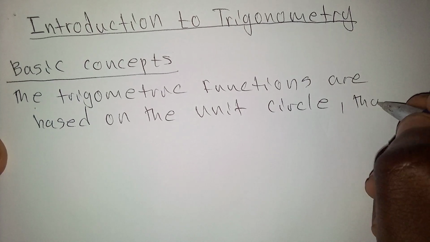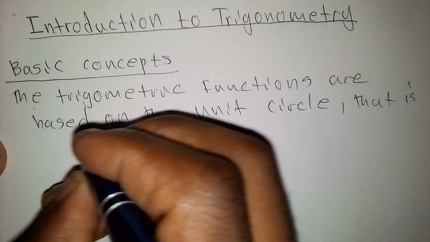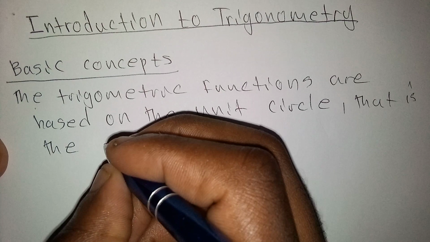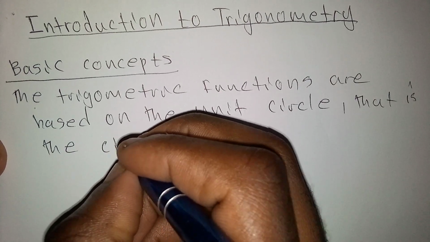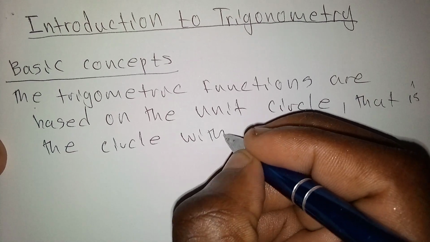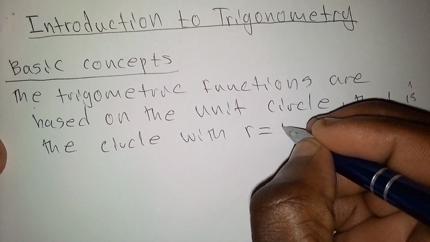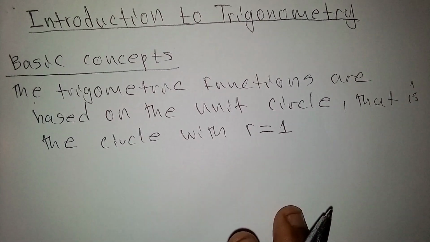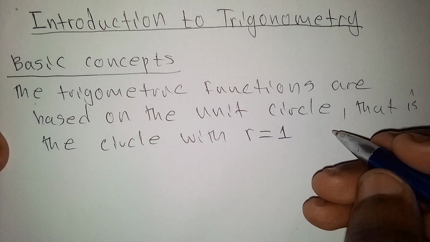That is the circle with radius 1. So the unit circle is the circle with radius 1.